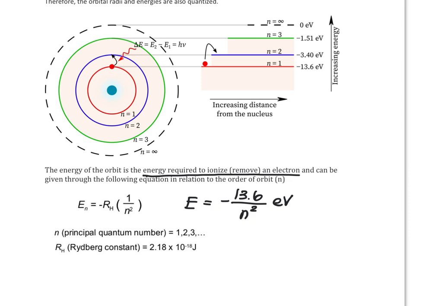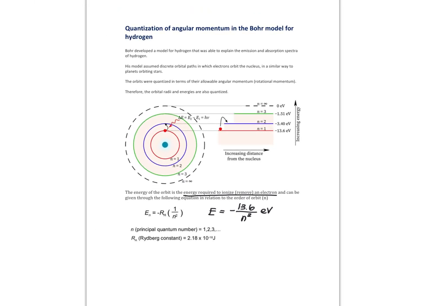It's negative 13.6 over n squared electron volts, where n is the number of the orbital, starting with 1 at the center, then 2, 3, etc. The energy is negative because it's measured relatively: if we consider the energy emitted by an electron in the form of a photon to be positive, then the absorption energy, the energy the electron would absorb in order to be ionized, is taken as negative. That's why it's negative.